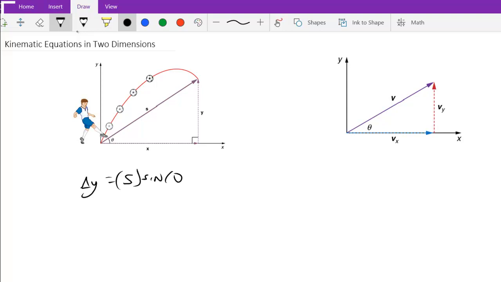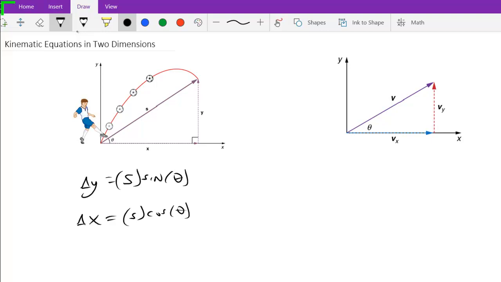This comes from solving the triangle here, and we could have said that delta x would have been s times the cosine of the angle theta. And so in two dimensions, all we're really doing is looking at vectors applied to the kinematic equations.